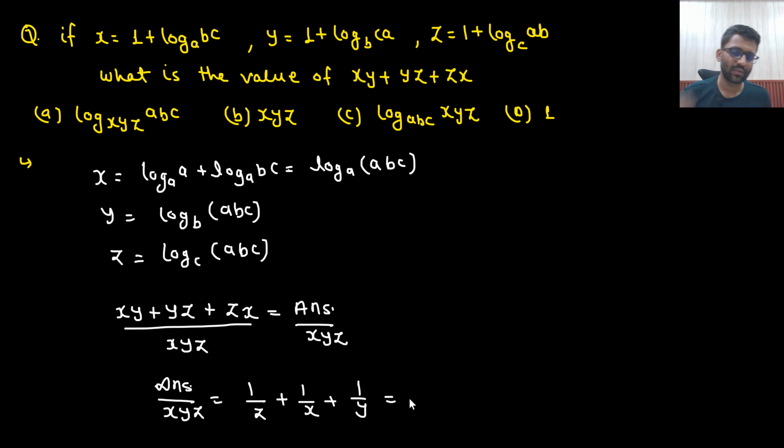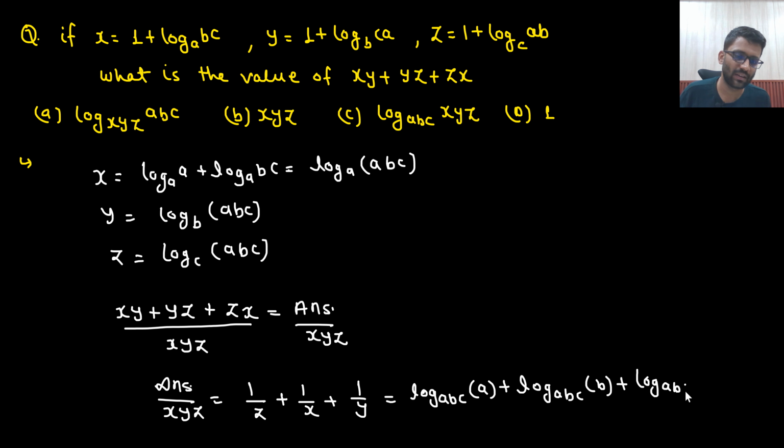So what is the value of 1 by z? The argument will become base and base will become argument, so plus log_abc of a, plus log_abc of b, plus log_abc of c. That would be equal to log with the same base and different arguments, so all can be multiplied, and the answer will be 1.